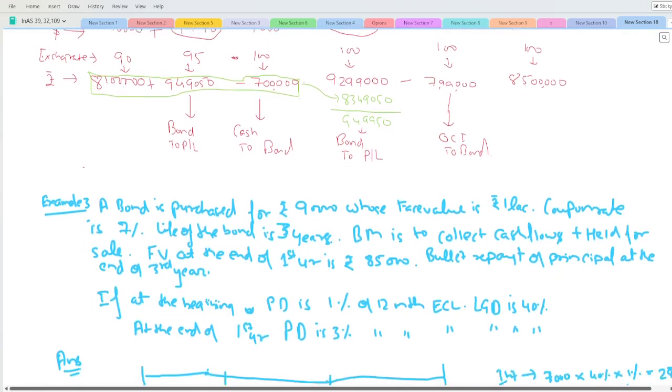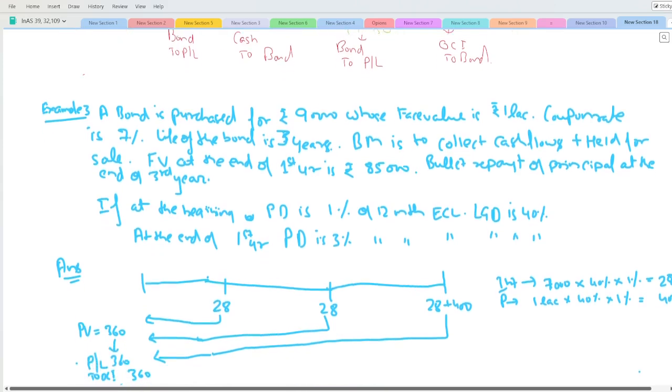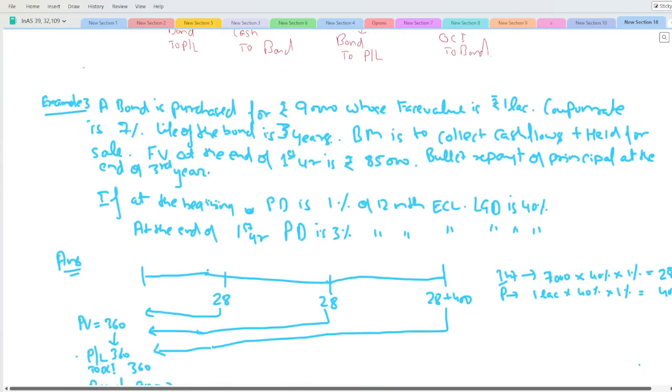Okay. Now the last piece is the impairment one. Because I am from the banking sector, I can say how the calculation is practically happening in the impairment.